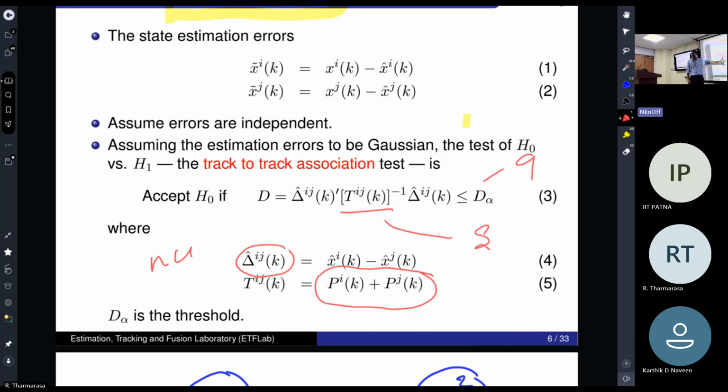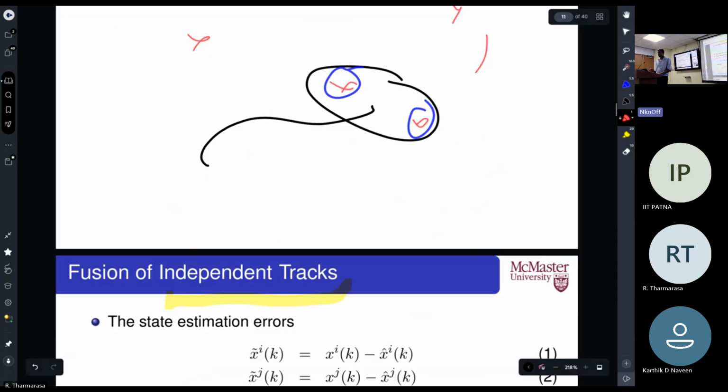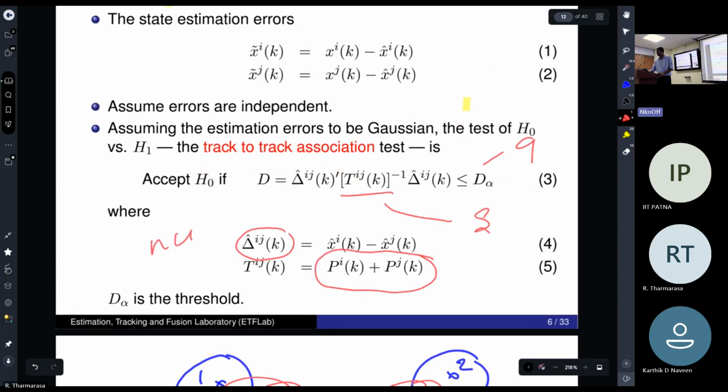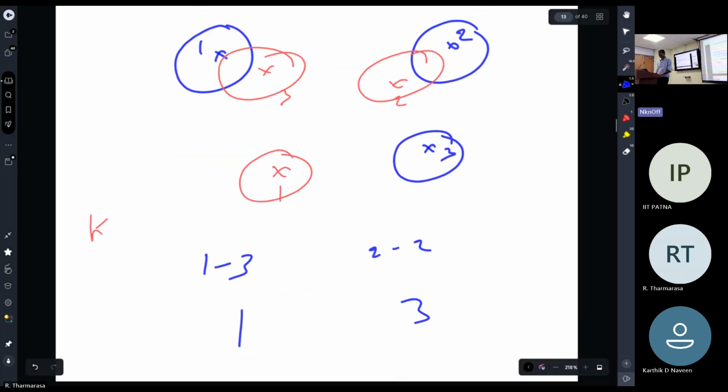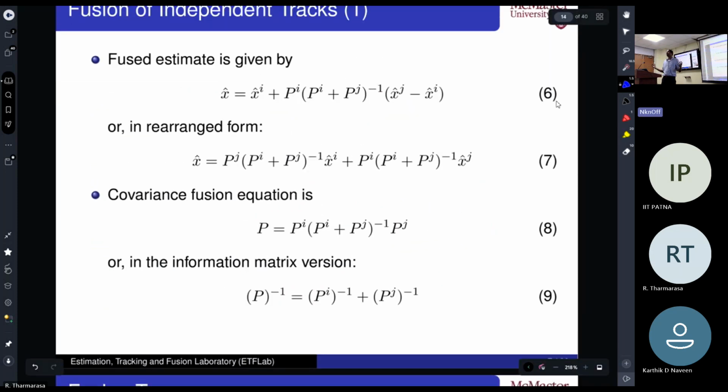Once you associate the data, next is fusing, right? We have two problems to handle. Track to track association is done now. The next thing we are going to do, once you know that these two go together, the final objective is to get this and this.